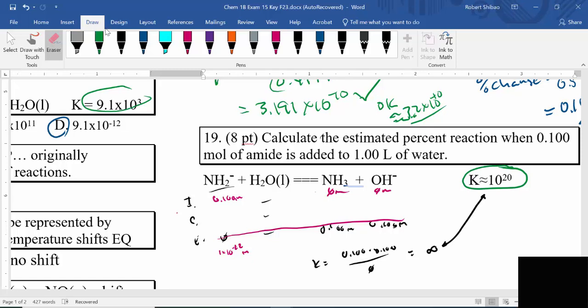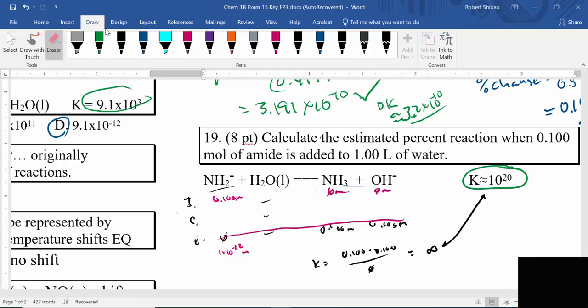Right? And so what that means is that, for the most part, this is all product, but there's going to be a little bit of reactant left over. And so in Chem 1B, we want to know what that little bit of reactant left over is. Some people remembered that strong bases hydrolyze water 100%.